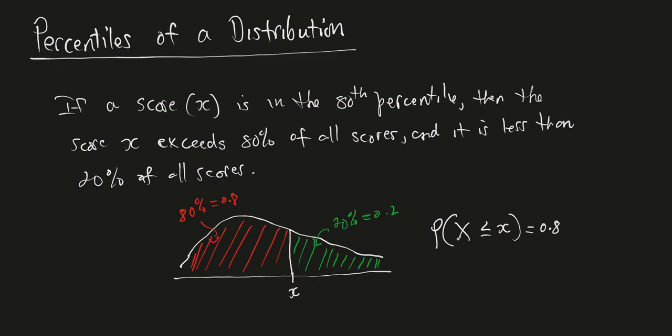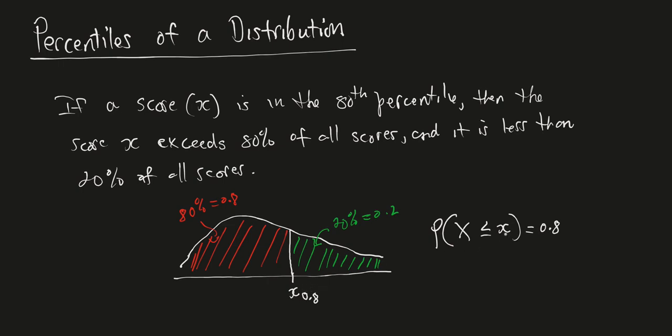Now, we can refer to it as x, but it would be nice if the symbol that we use to represent this specific number also indicates what the percentile is. There are lots of different notations for the percentile, but I like this one that I'm about to introduce, because it's simple, and it conveys exactly what we need it to mean. What we do is put the 0.8 as a subscript to indicate that this is the 80th percentile.